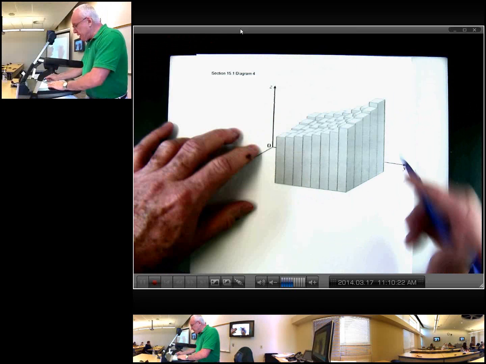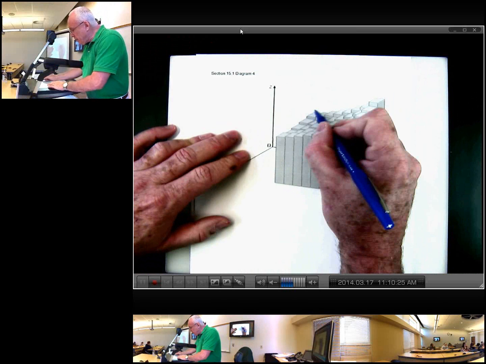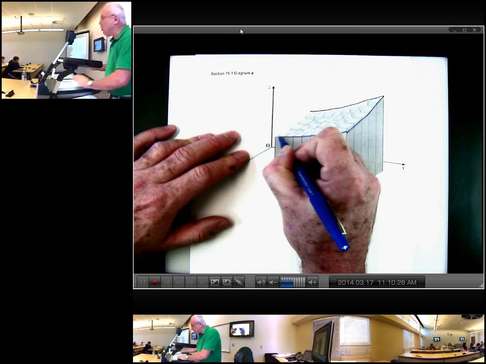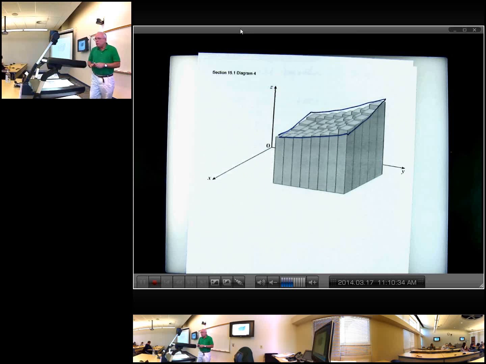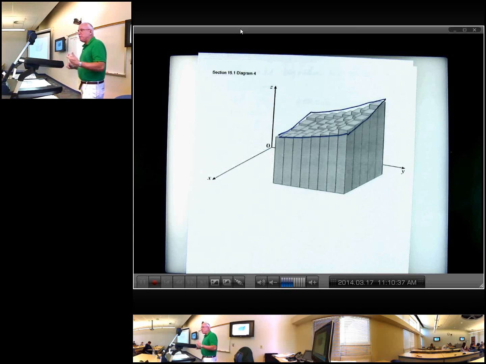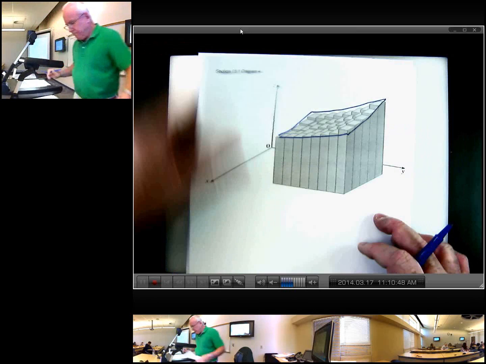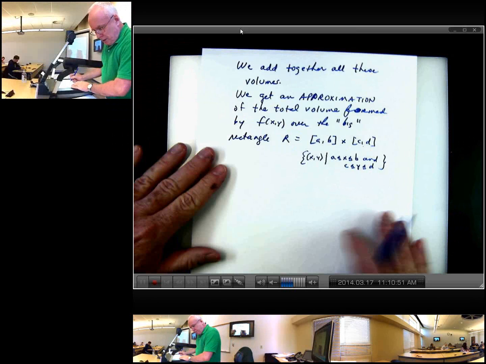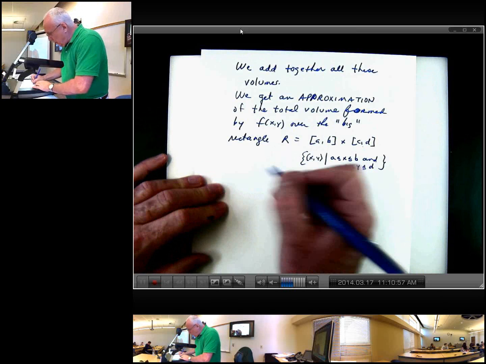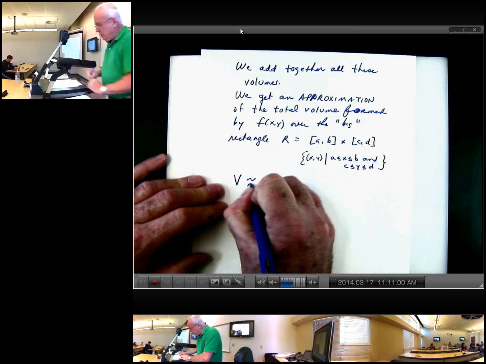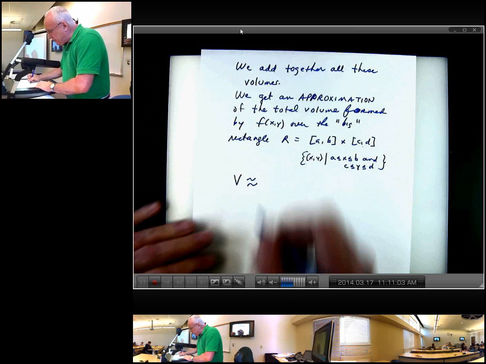If we think of this as the surface floating above the xy plane, the sum of all those containers, so to speak, gives us an approximation of that total volume underneath that surface. So we get an approximation of the total volume. Let V be the total volume. So V approximately equals this sum.